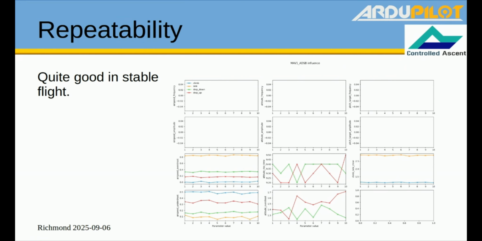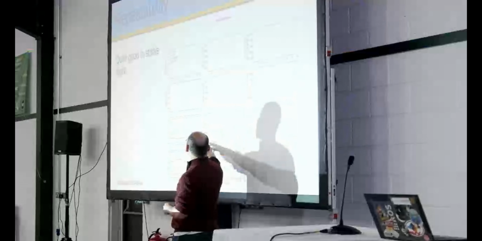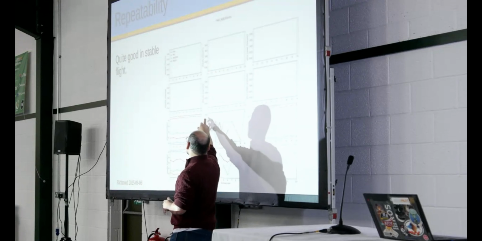Another important aspect of the methodology is whether each run is repeatable. If I run it multiple times with the same parameters, do I get the same metrics? Or is it just accidental data? And it's quite good for stable flights. The x-axis, I know it's hard to read, in this case goes from 9.2 seconds rise time, for example, to 9.5 seconds.